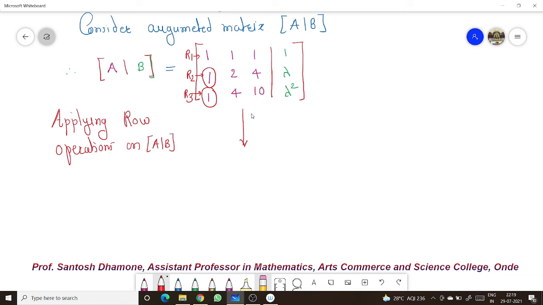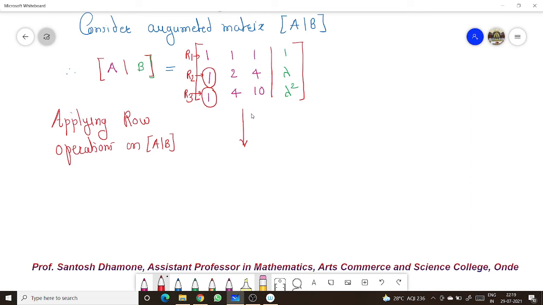Therefore the given system has infinitely many solutions when lambda is equal to 1 and lambda is equal to 2.